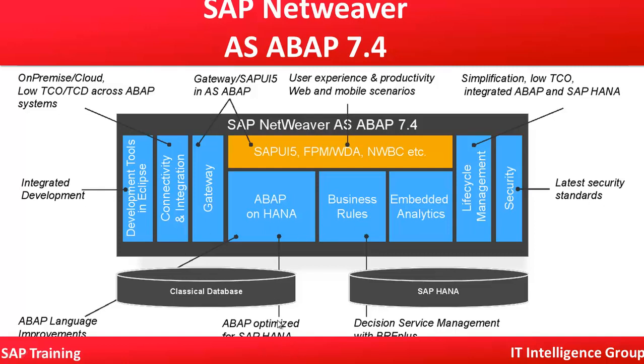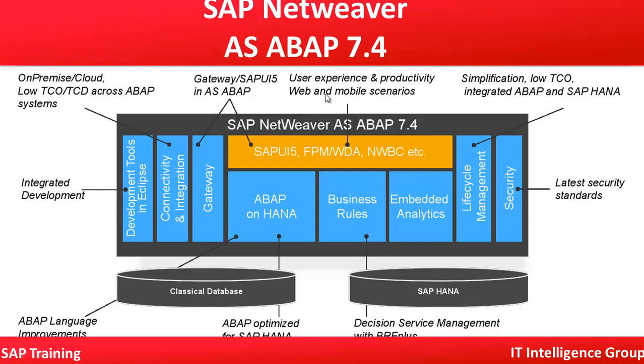We will see how the optimization is carried out and how you can do decision service management using BRF Plus. ABAP is your core, but along with this you have business rules, embedded analytics, life cycle management, a security layer, and on top of it you can have NWBC, SAP UI5, FPM or WDA. So your NetWeaver AS ABAP 7.4 has all these things.